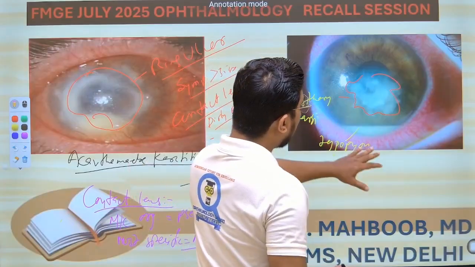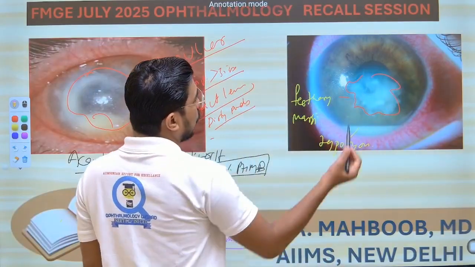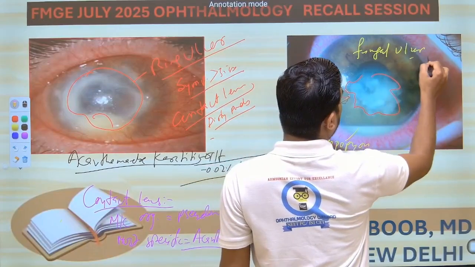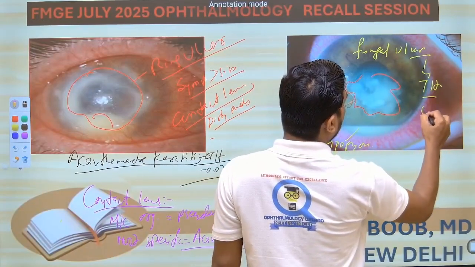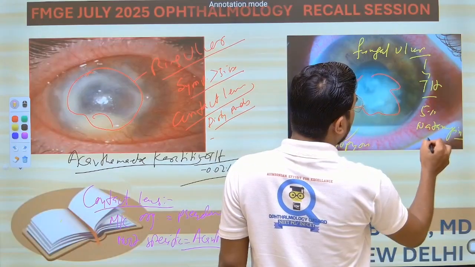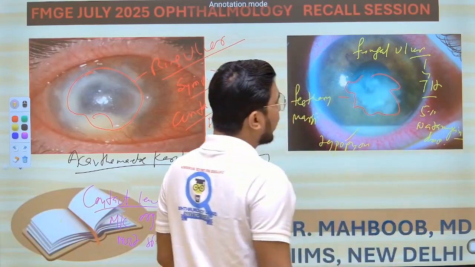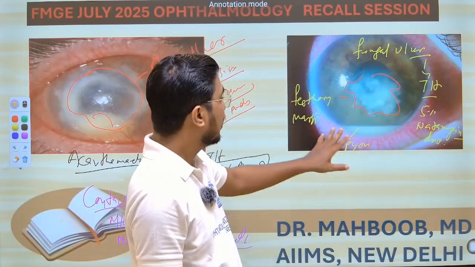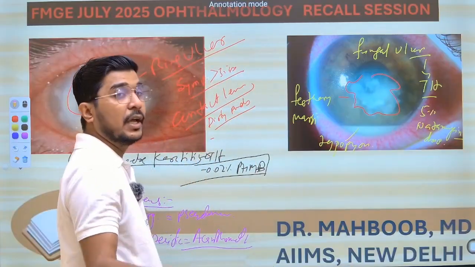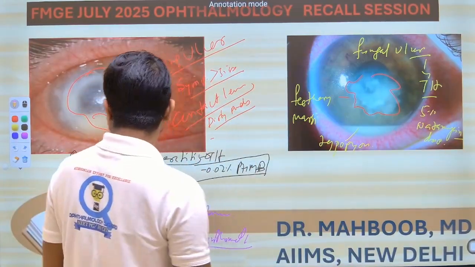Okay, this hypopyon with this feathery margin, we are having a diagnosis of fungal ulcer. Treatment is 5% natamycin drop. Okay, you can also have a satellite lesion here. This hypopyon is actually non-sterile. Non-sterile, right?